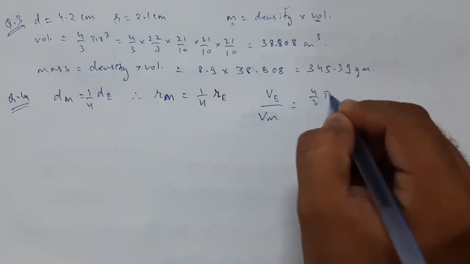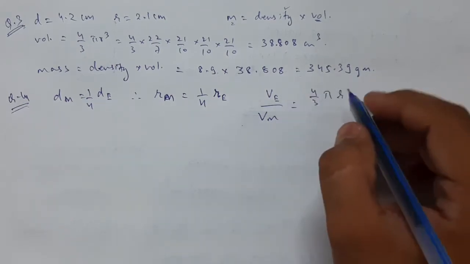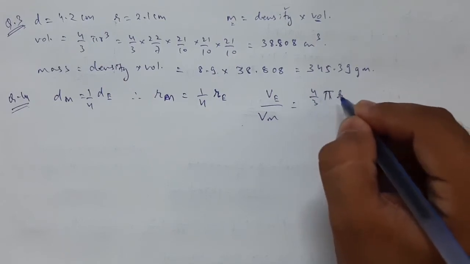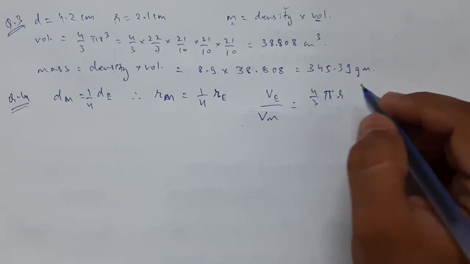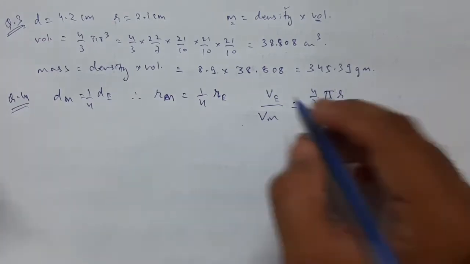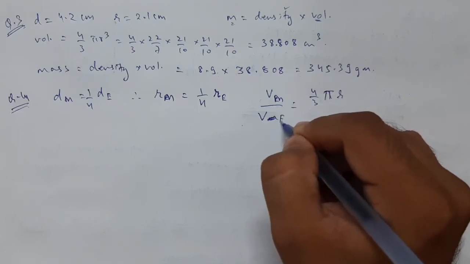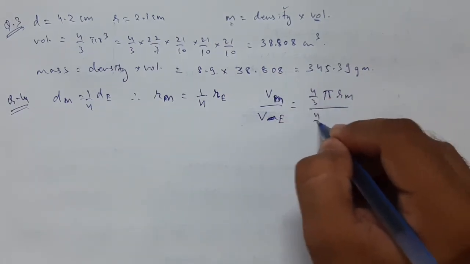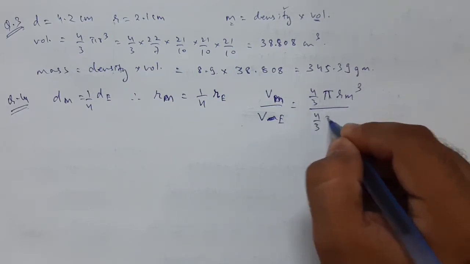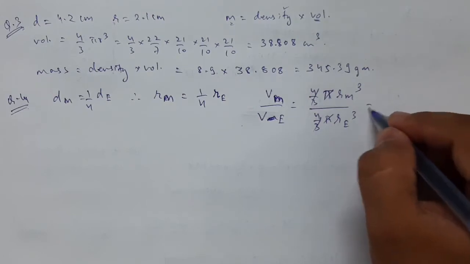That will be 4 by 3 pi r of moon cube, and what fraction of volume of earth is asked. Okay, so moon will come here and earth will be at the denominator. So radius of moon cube by 4 by 3 pi radius of earth cube, 4 by 3 pi cancel.